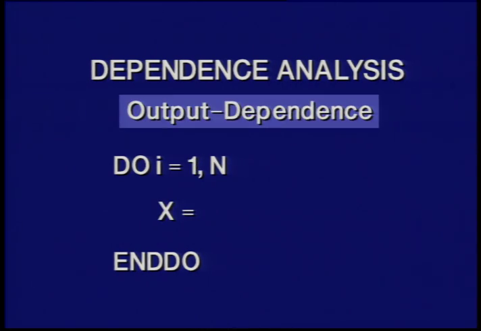Now, here's another example of dependence. It's so-called output dependence. This is where storage is being reused. X in this do loop might be a temporary value that is used somewhere else in the same do loop, and the next time around the loop, I'm just using that temporary cell again.